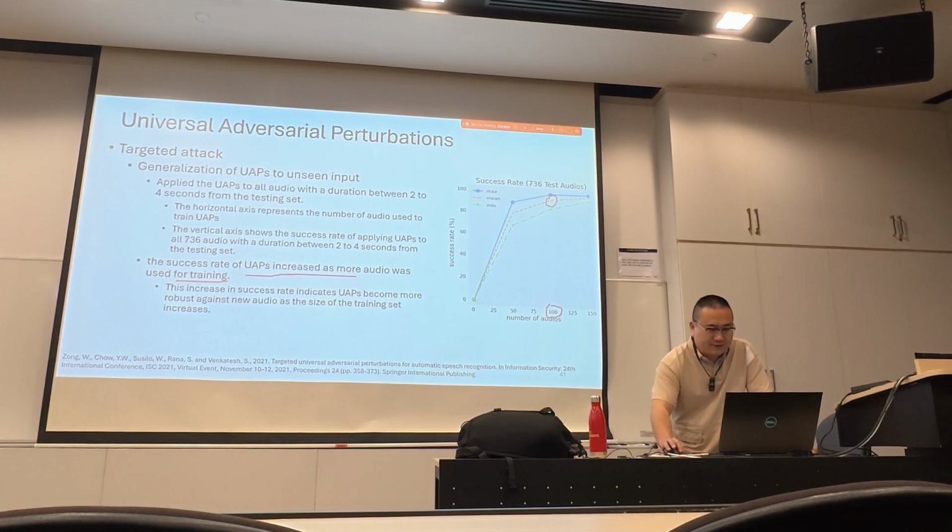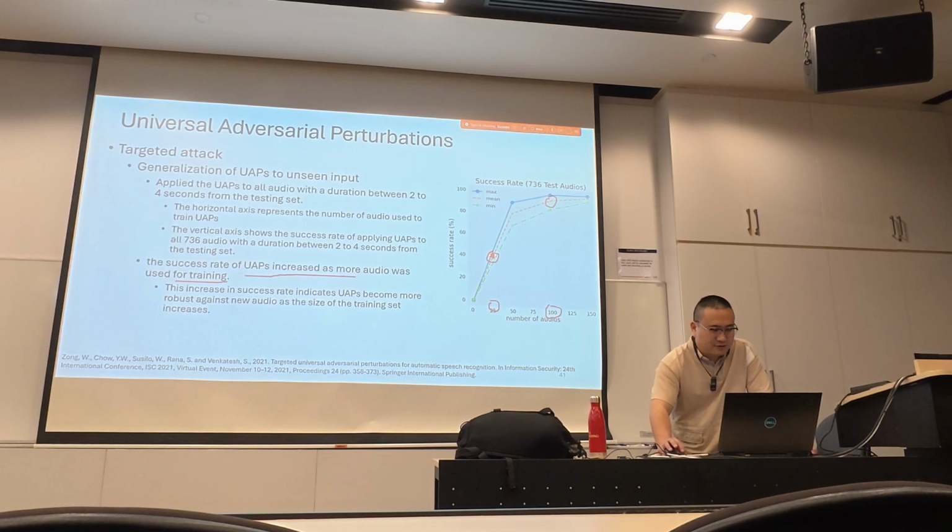However, if we only have a UAP that can fool 25 audio during the generation, the success rate when we apply the UAP to new audio is just around 40%. So this also shows that when UAPs are robust against a large range of audio, they also show better generalization.